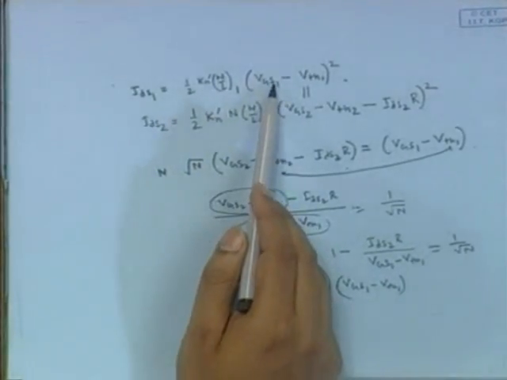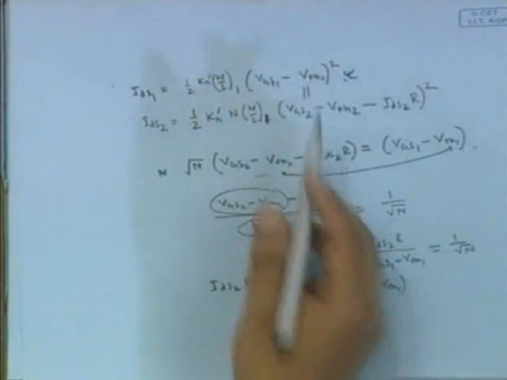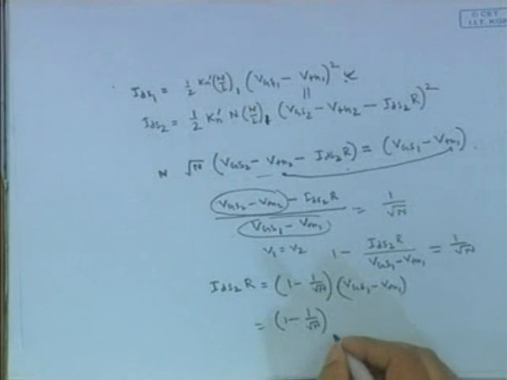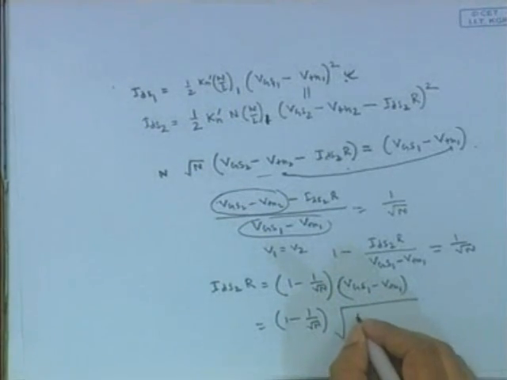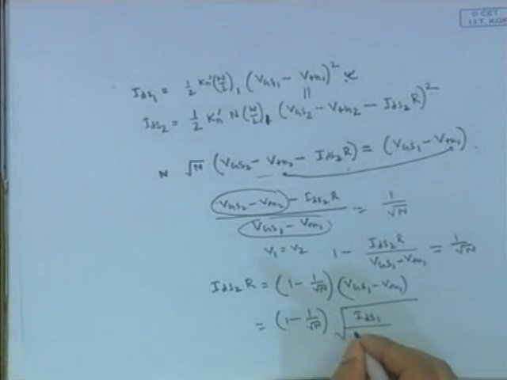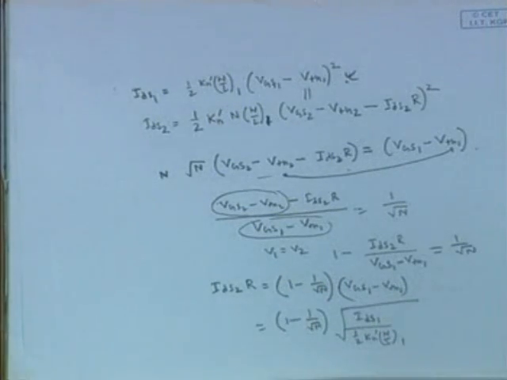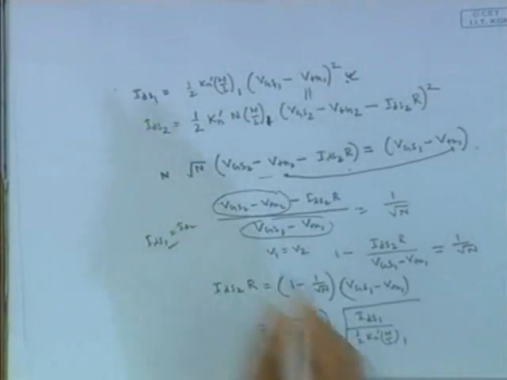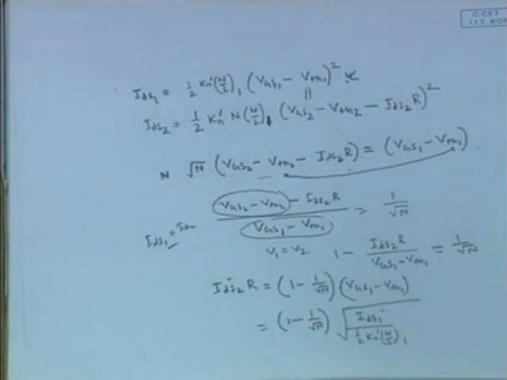Again you can write from this equation VGS1 minus VTH1 equals root over of IDS1 divided by half Kn dash W by L1, right. So if you just solve it, you will get this current equation here, IDS1 equals IDS2. So these two are equal, and if you solve it, you will get this current expression, right.